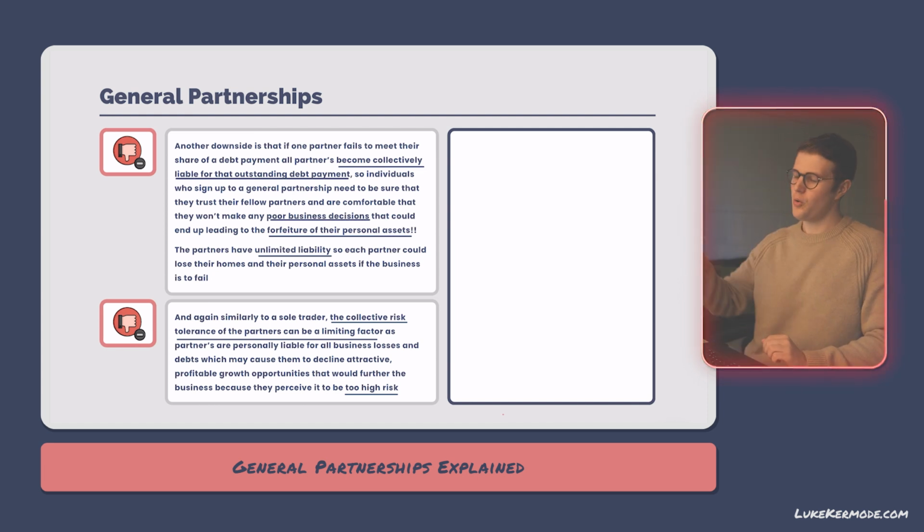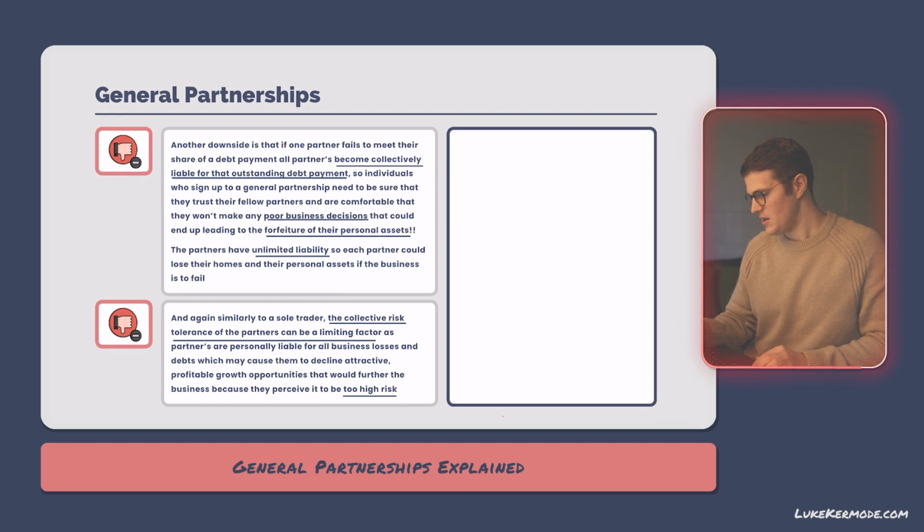Okay, so yeah, let's just do a quick sketch to make sure we're clear on how this structure works, right? So let's say we've got a general partnership with 3 partners.